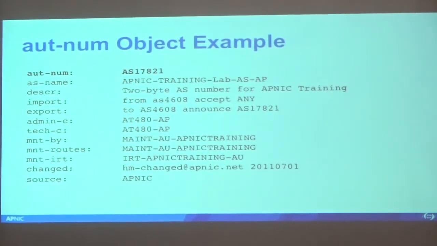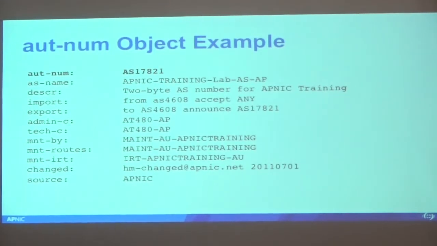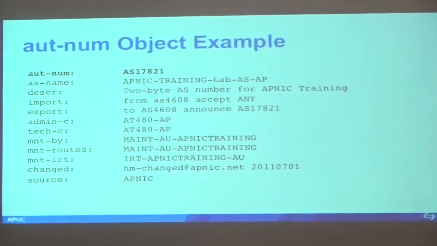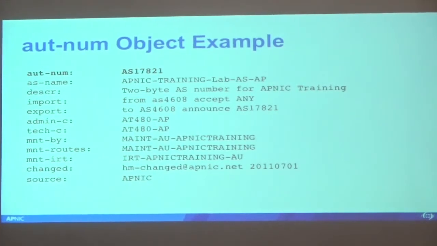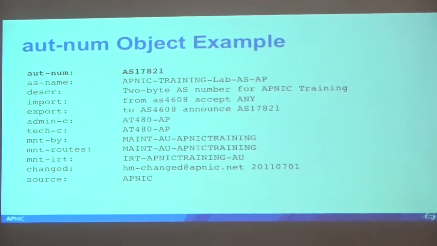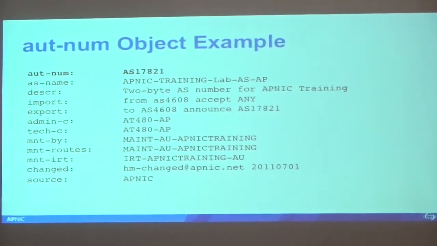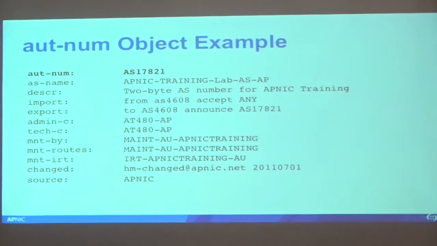From any AS, coming from any AS, I'm accepting all traffic from AS4608. Everyone agrees? How did you say that? Because of which statement? The import or the export statement? The import statement.